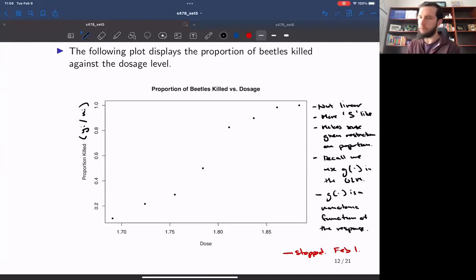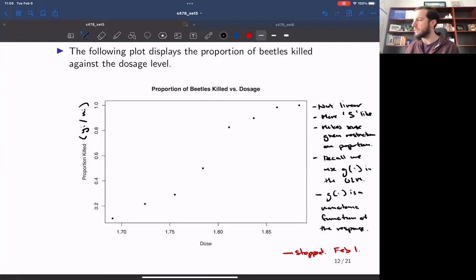You can see that we have an S-like shape that shows the relationship between the proportion killed and the dosage level. It would make sense that we have this S-like shape because we're modeling a probability.